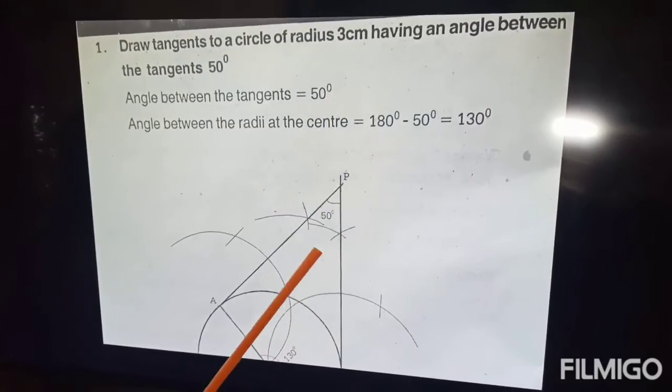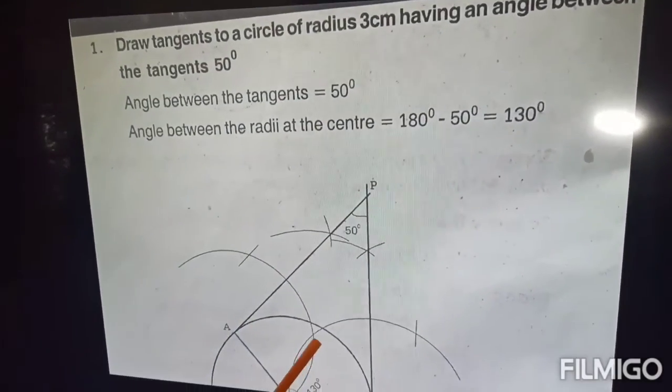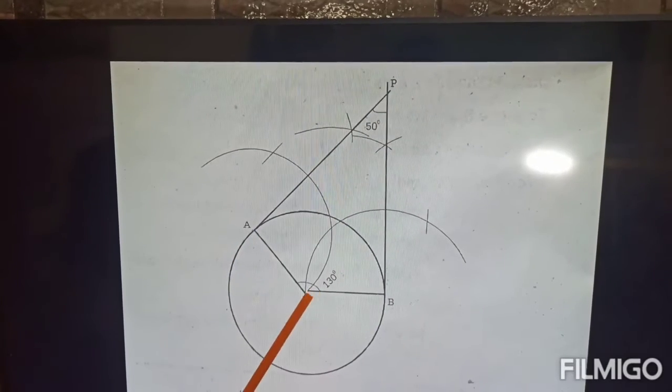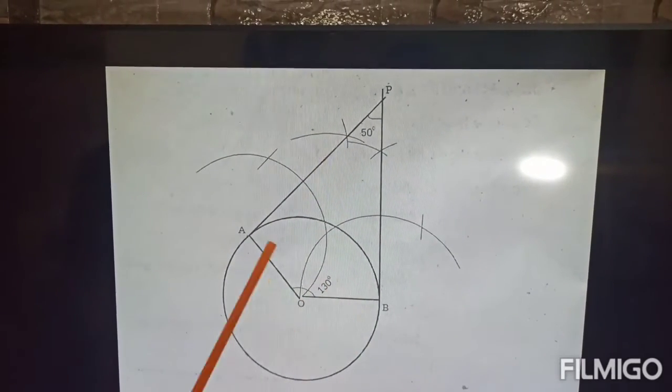Okay, then we have to draw the circle first. Then we have to draw the circle with the given radius. Given radius is 3 cm in this sum.